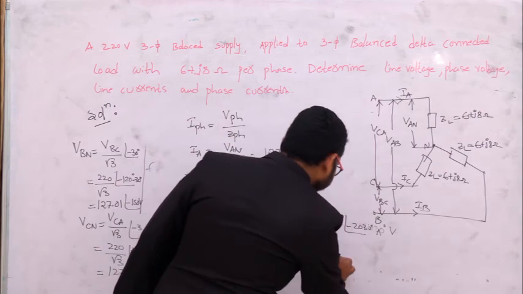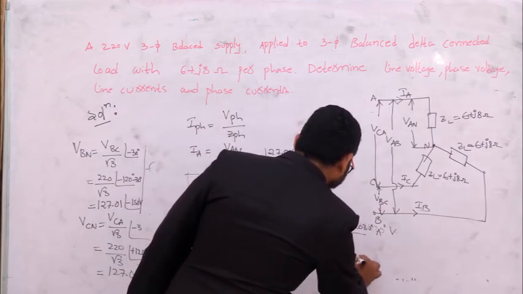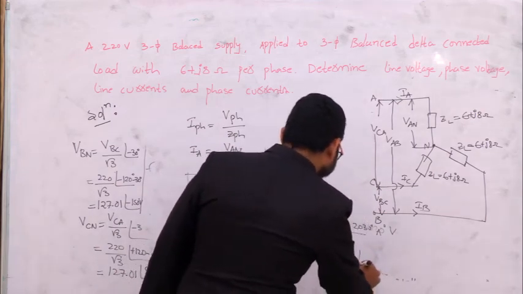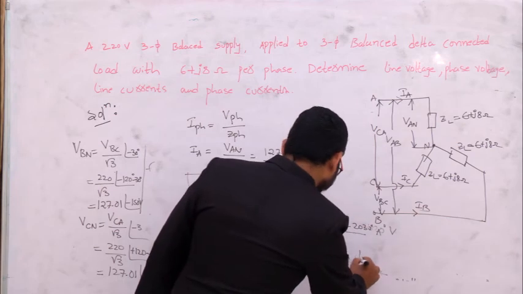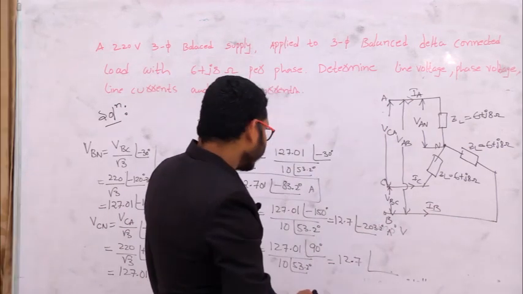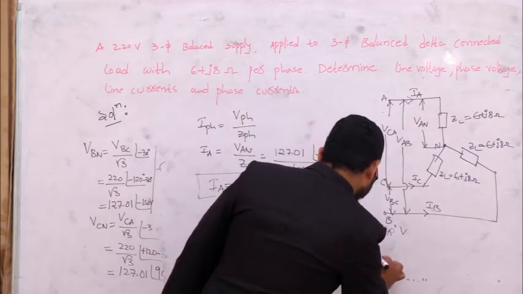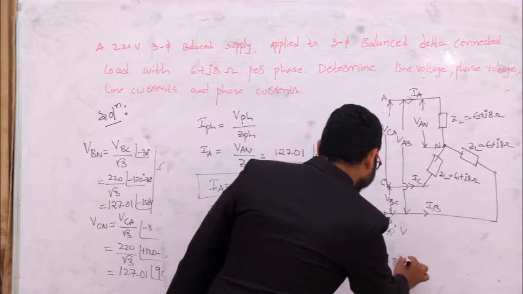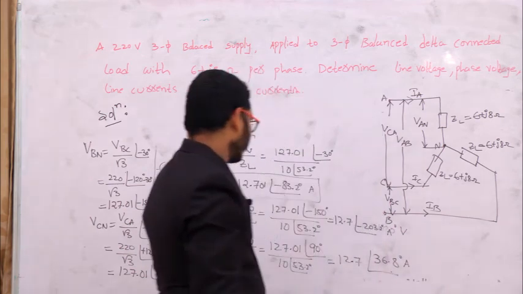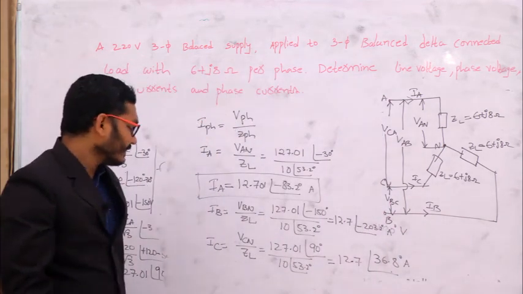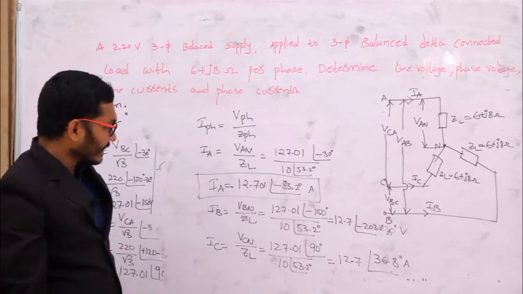It means you will get 12.7 as the magnitude and the angle is around 36.8 degrees. Okay, these are the phase currents as well as the line currents.